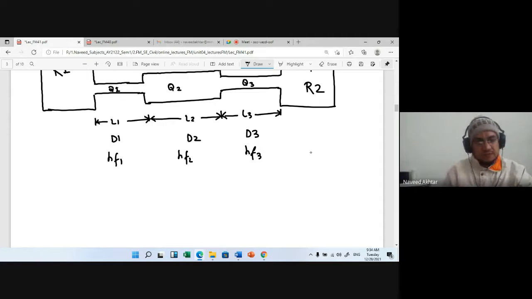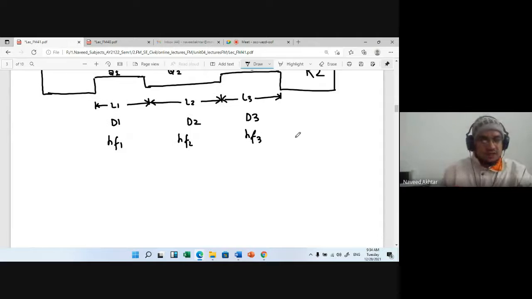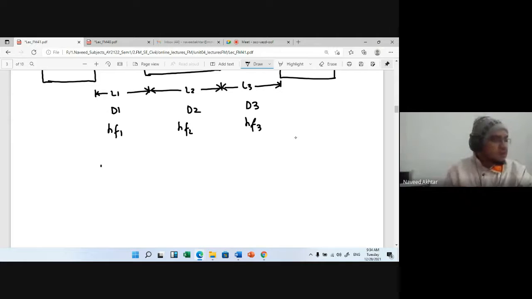This is the pipe in series figure, figure number 5.